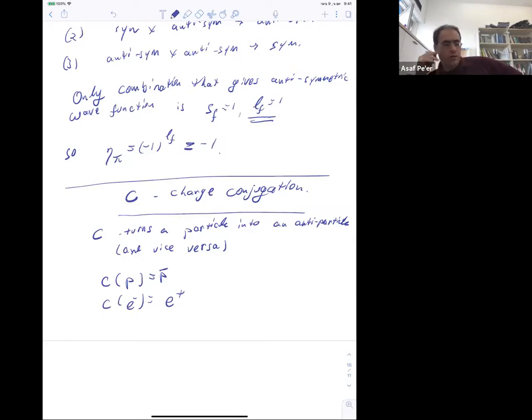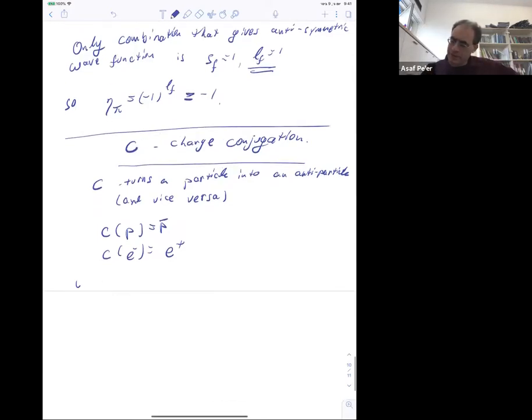So under C, all the intrinsic additive quantum numbers change sign. So it's not just the electromagnetic charge. It's the lepton number, it's the baryon number, it's everything. It's important because sometimes people forget that an antiparticle is not just the opposite electromagnetic charge, it's the opposite of all charges.